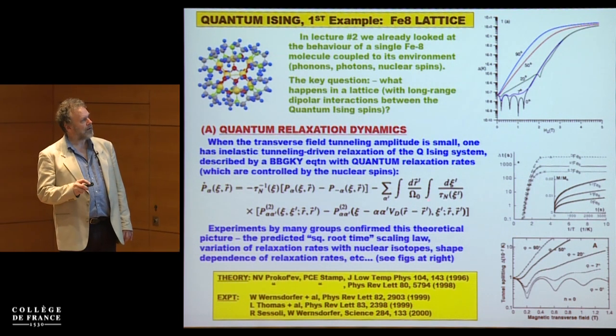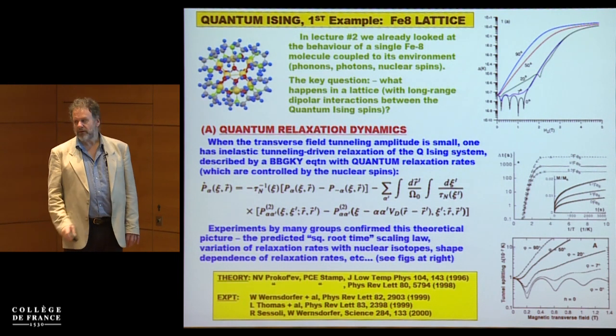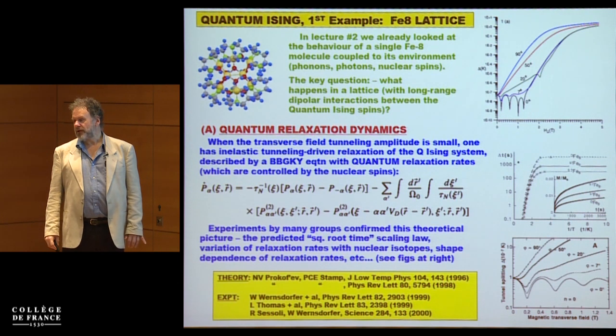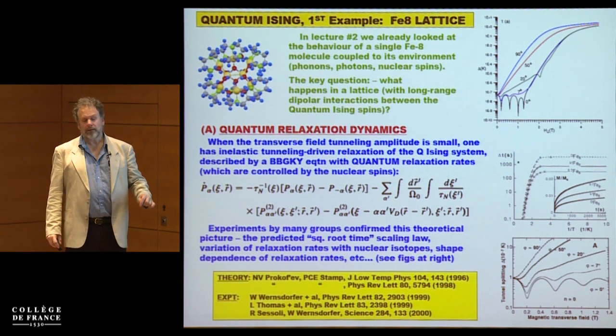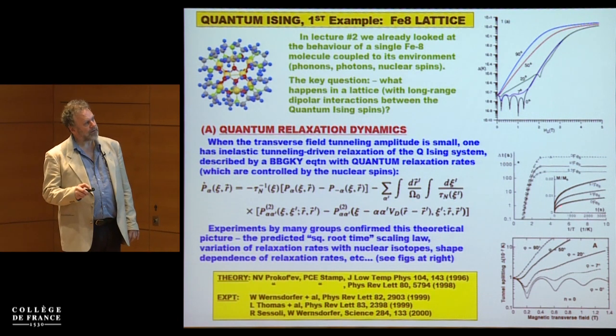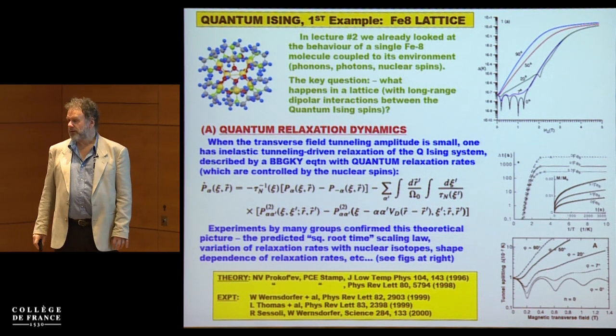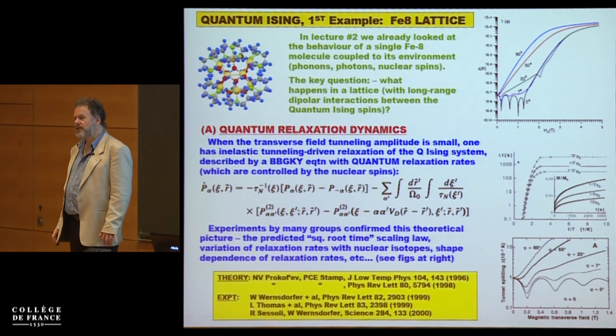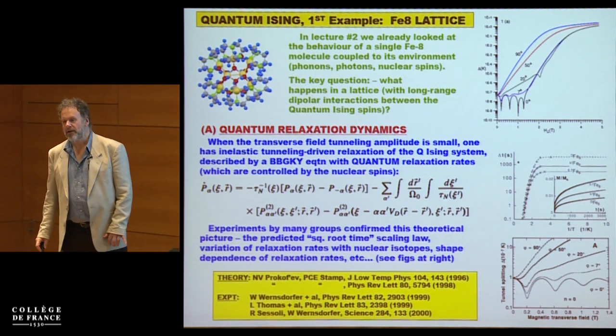Moreover, it turns out that the behavior over a very wide range of time of the distribution function should go like a square root of time, which is a very unusual scaling law for relaxation. And this shows you the relaxations as a function of real time here. And in fact, they beautifully fit the square root. So this incoherent relaxation dynamics was understood quite early on in this system.